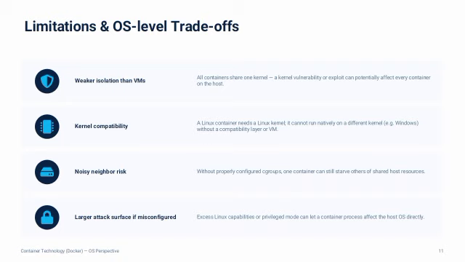A serious kernel vulnerability could potentially affect every container on that host. Second, kernel compatibility. A Linux container needs a Linux kernel, so it can't run natively on a different kernel like Windows without a compatibility layer or a VM underneath.